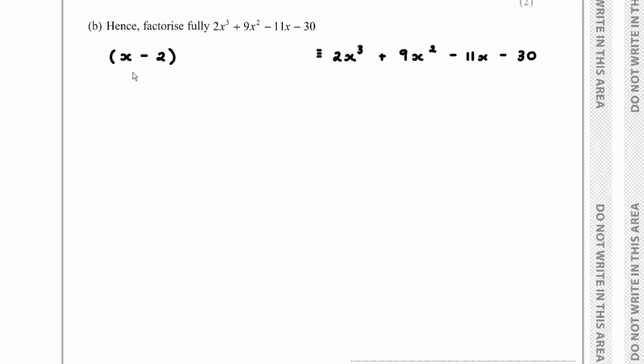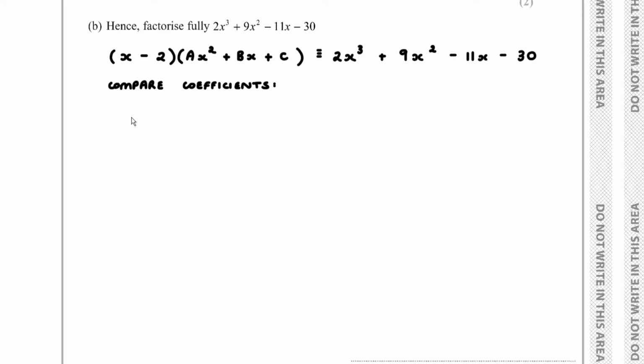Hence, we have x subtract 2, a linear factor, multiplied by some quadratic factor ax squared plus bx plus c, which is equivalent to the cubic 2x cubed plus 9x squared subtract 11x subtract 30. To find out what a, b and c are, we can compare coefficients.